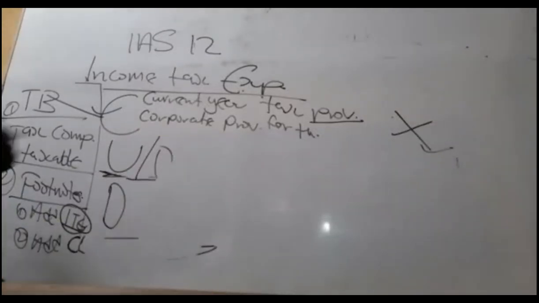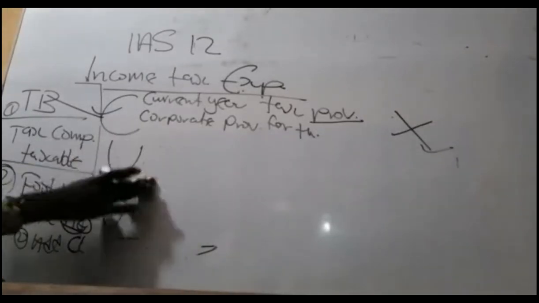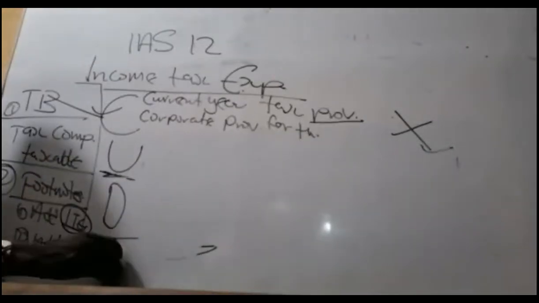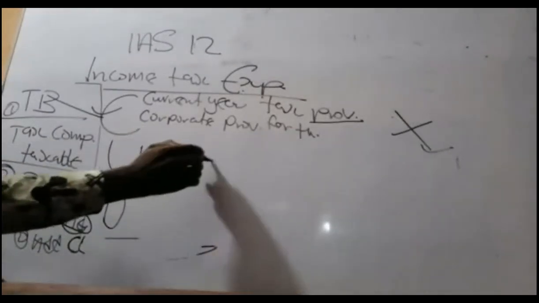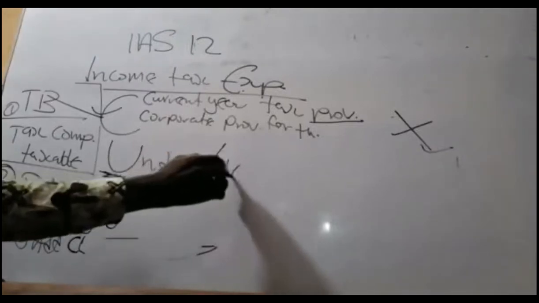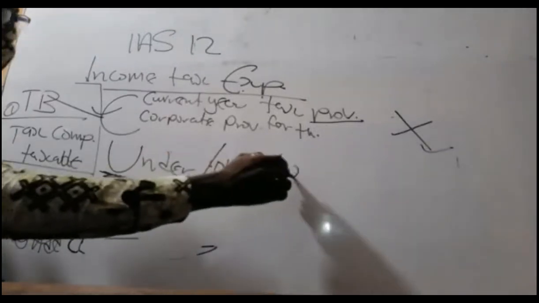Now you add under or over tax provision. So we have what you call under or over tax provision.